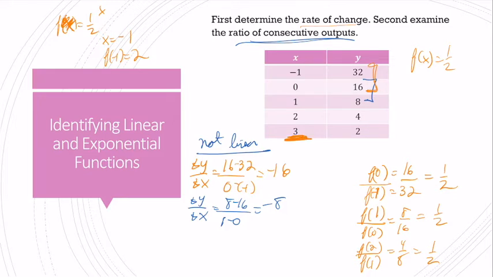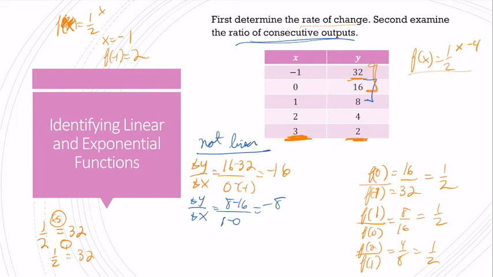When I plug in 3 for my x value, I get 2. So I have to notice that this is shifted 4, right? My x is shifted 4. Typically, if I had 1/2 to the negative 5th, that would be 32. But now I have 1/2 to the negative 1 is 32. So my x has been shifted 4. So I'm going to have f of x equals 1/2 to the x minus 4 as my new function.